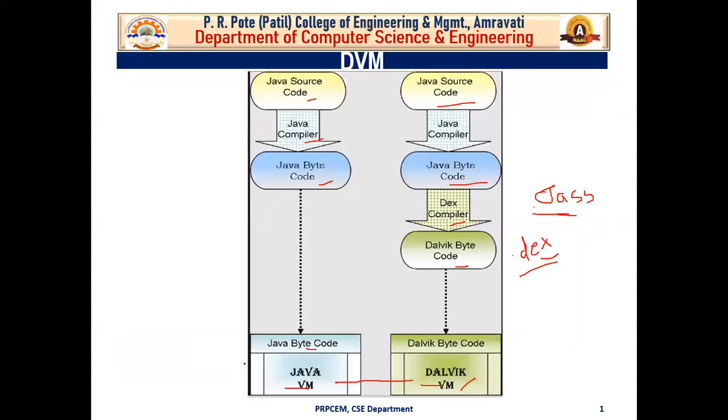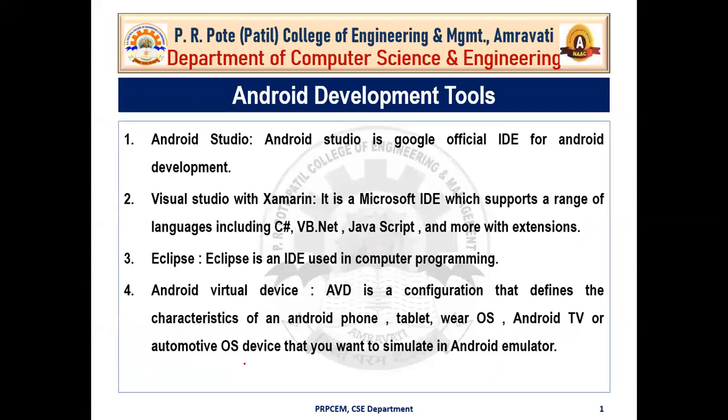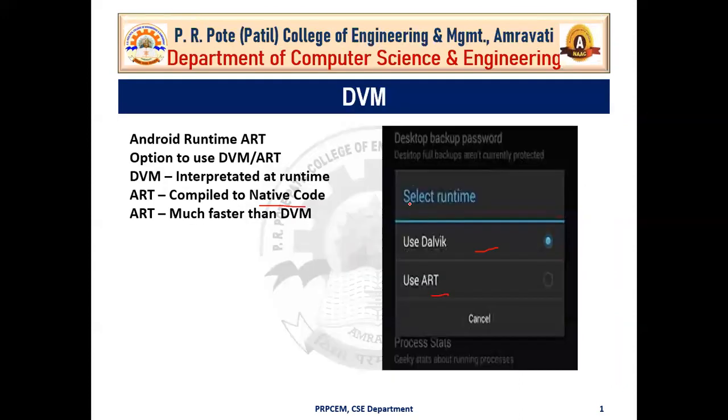So in this lecture, we have discussed what is software development kit, what is Android software development kit, and what are the different development tools in Android, that is Android Studio, Visual Studio with Xamarin, Eclipse, Android virtual device. Then we have seen how DVM works, what is Dalvik virtual machine.